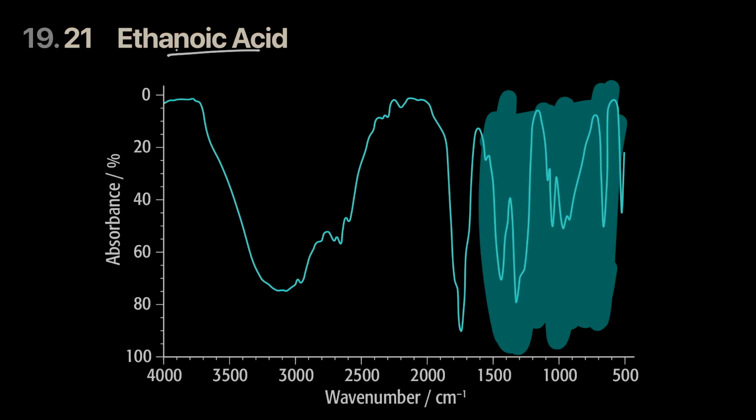So the examiner will need to know, can you determine what this is for? Well, this is because of the C double bond O. And this broad peak is because of not just any OH, but the OH found in CO2H. So what can I say from this graph? That this molecule is a carboxylic acid.